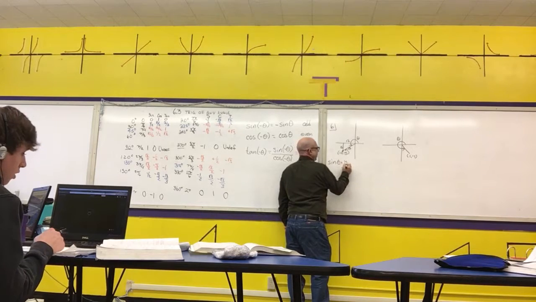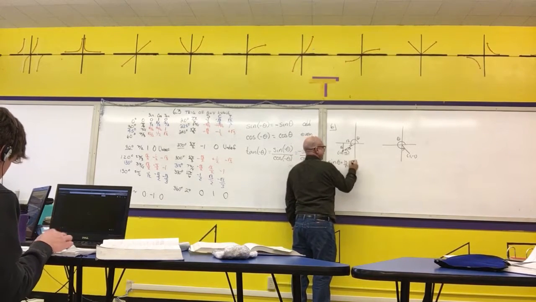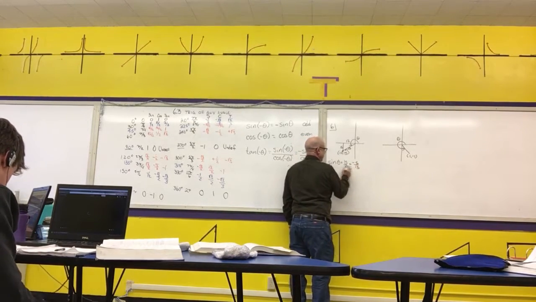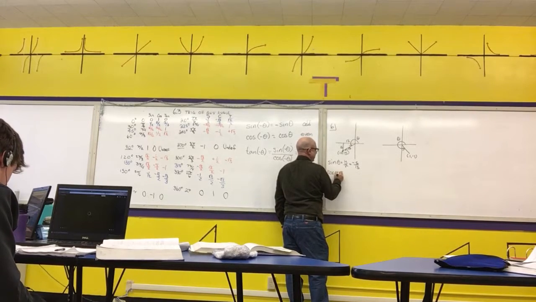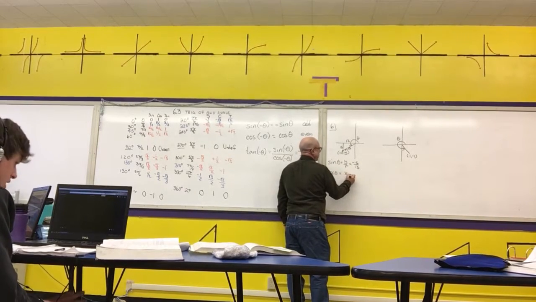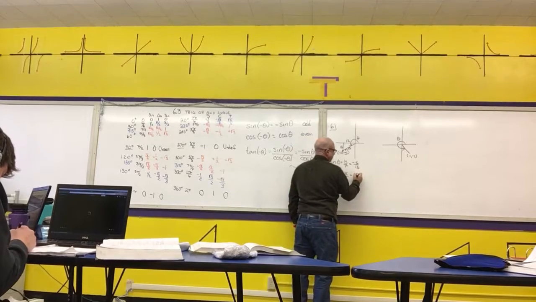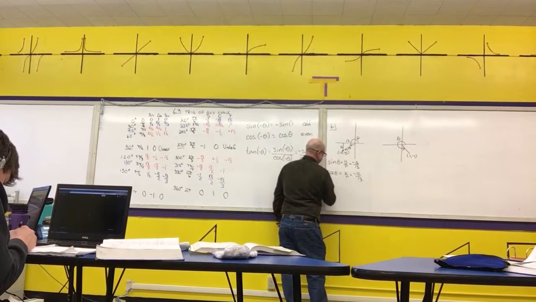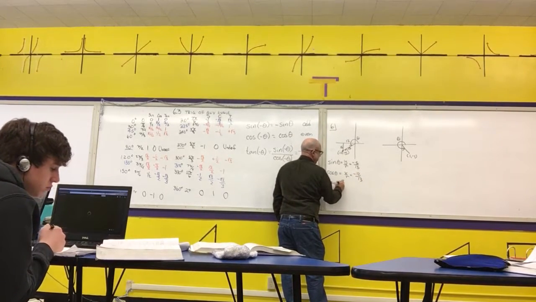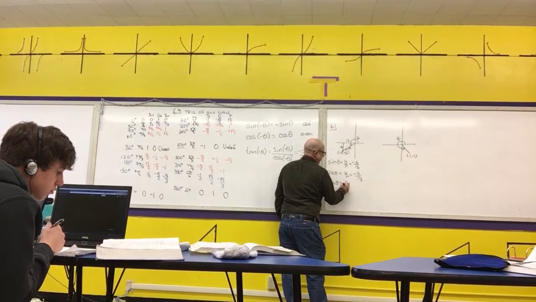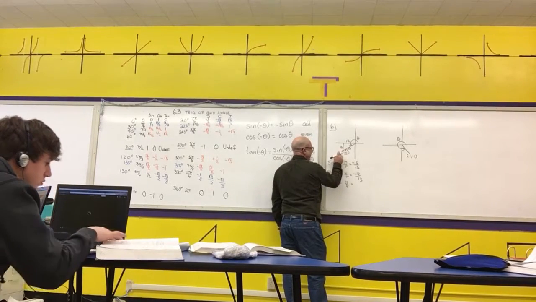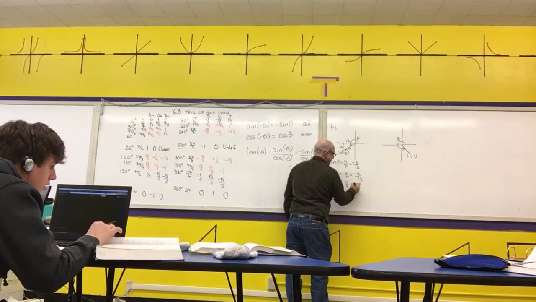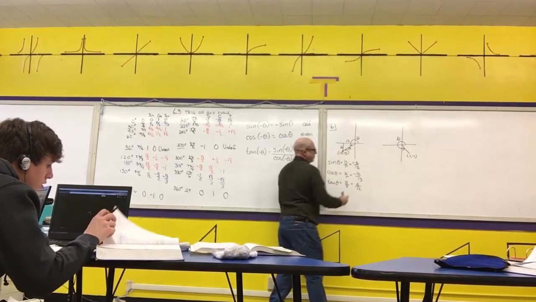So sine is y over r, which is negative 5 over 13. Cosine is x over r, which is negative 12/13. Tangent is y over x, which is negative 5 over negative 12, which is a positive 5/12.